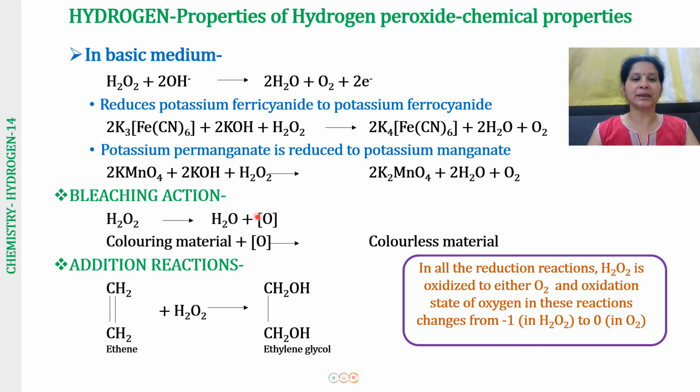The next we have is the bleaching action. H2O2 is going to decompose to form water, and nascent oxygen is going to be released, and this nascent oxygen, when it combines with a coloring matter, is going to render it colorless.